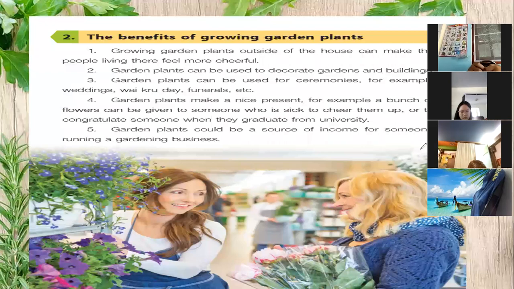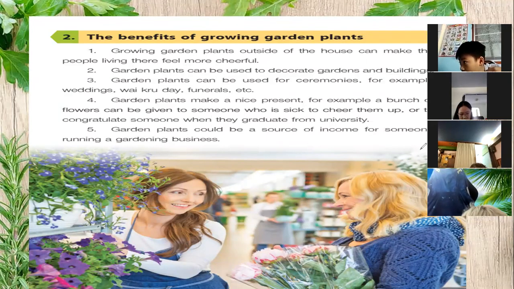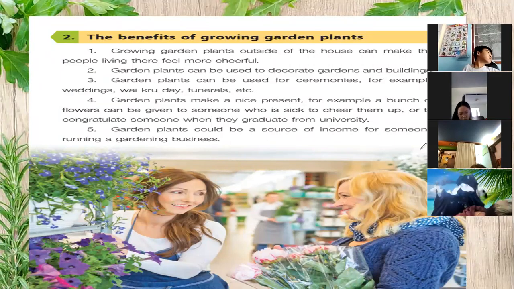What are the benefits of having garden plants in our house? It can make people living there feel more cheerful. Also, we can use them for decoration of our garden and buildings. Number 3, garden plants can be used for ceremony.